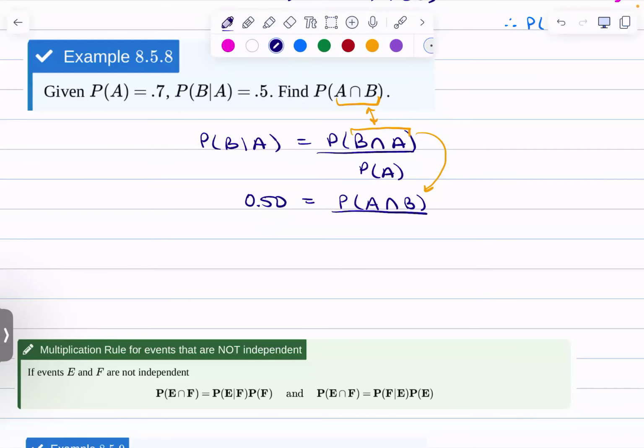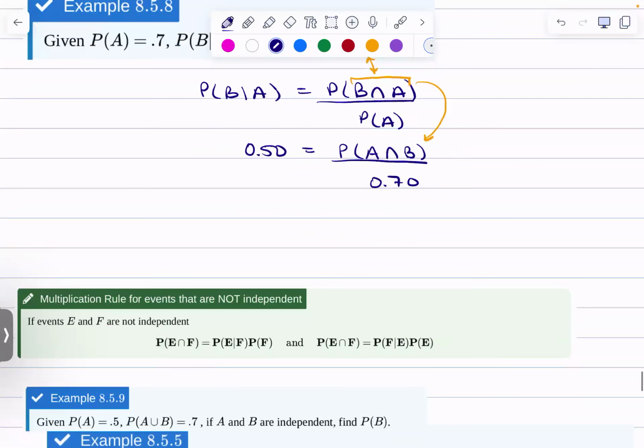Divided by the probability of A, which is 0.70. Solving for the probability of A and B, I get 0.5 times 0.7, which is 0.35.